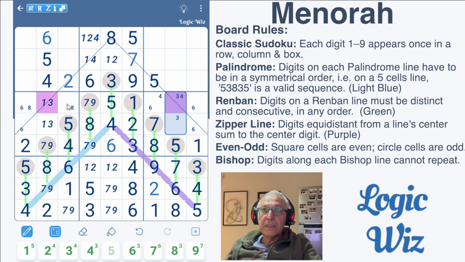What else are we missing here? We miss here 1, 7, and 9. So this one, we have a 1, must be a 7 and a 9. This one, we have 7, it's 1 and a 9.